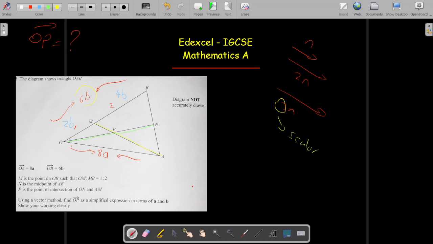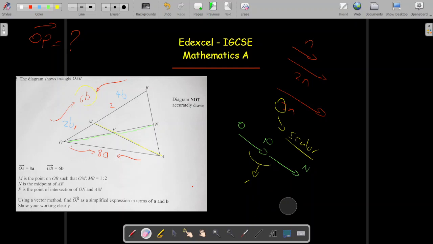Another thing I need you to understand: if I have a line like this as OP, and this line has another line here where this is PN, we say that these two lines are collinear with each other. So the terminology of scalar and collinear is clear to you now.